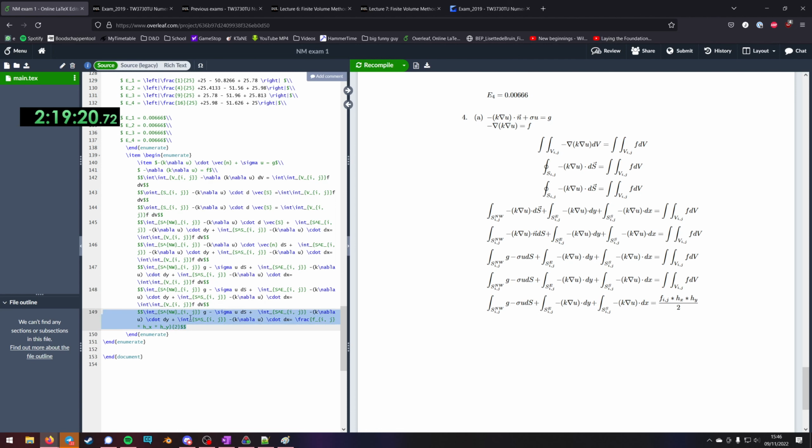Now for the left side. Left side approximated by, let's do the boundary condition last. So this is minus k nabla u. And nabla means the single derivative. It's not exactly the single derivative, but the single derivative of a vector, close enough.